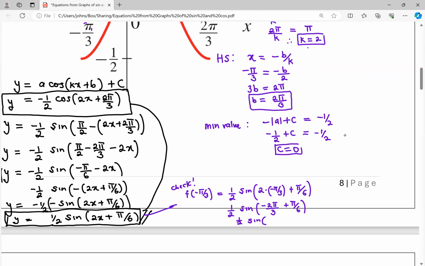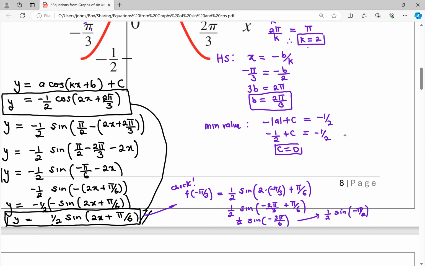This is just 1 over 2 sine. This here, you can multiply this by 2. So you will have minus 4 pi over 6, right? No, minus 3 pi over 6. Yes. So, and what is this? This is just going to be half sine of what? You see that this is going to be minus pi over what?